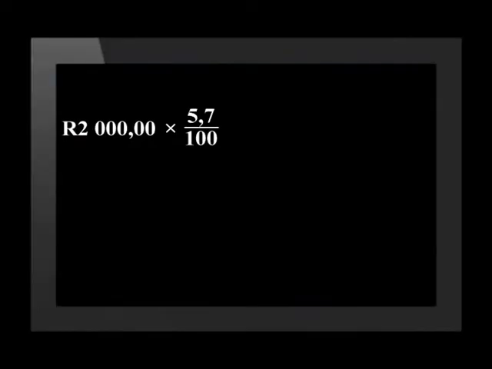Let's say we spent 2,000 Rand on monthly groceries in 2011. If the inflation rate was 5.7%, how much will the same groceries cost in 2012? 2,000 Rand times 5.7 divided by 100 equals 114 Rand. This is the value of the inflation.